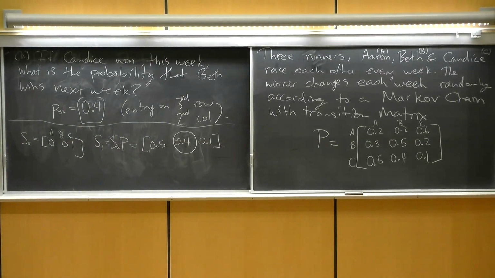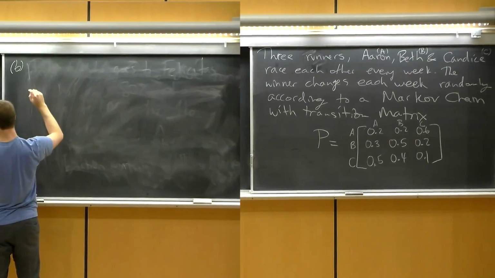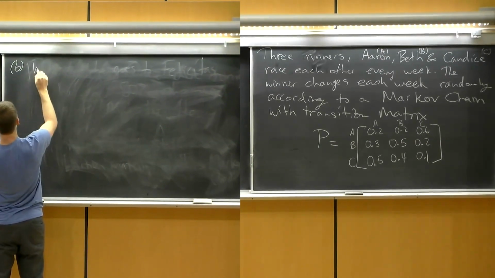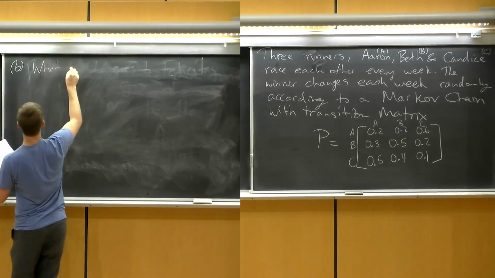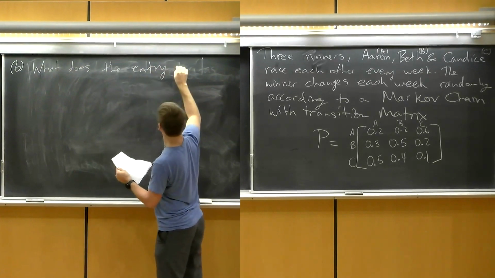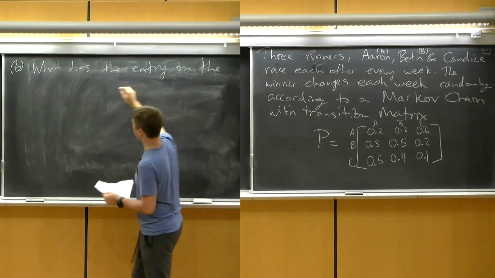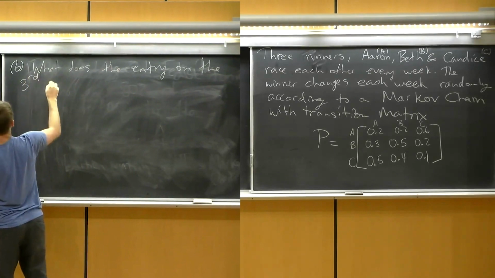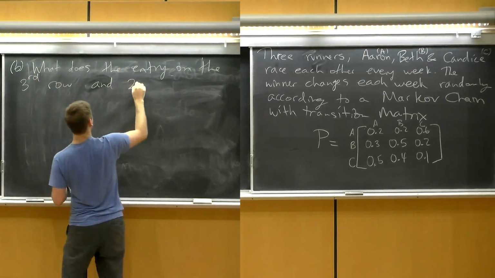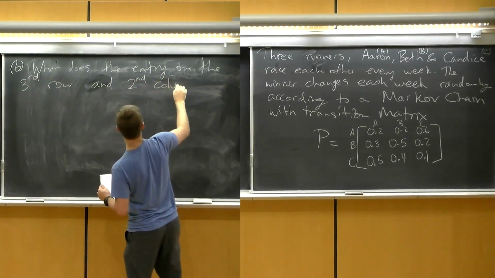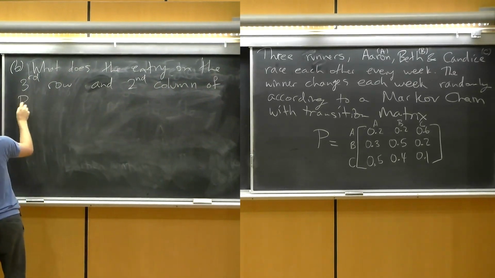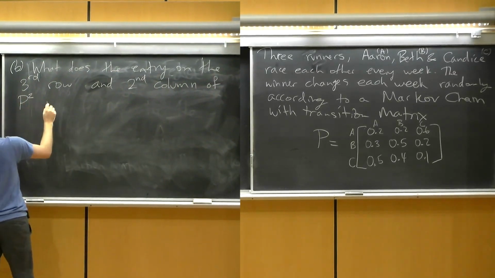Okay, let's do a little bit harder question. Here's kind of a reverse question. What does the entry on the third row and second column, not of the matrix P, but of the matrix P squared, represent?